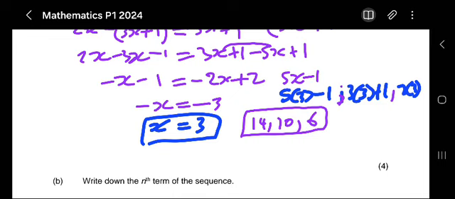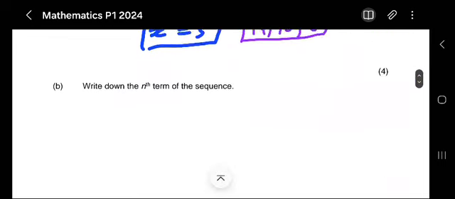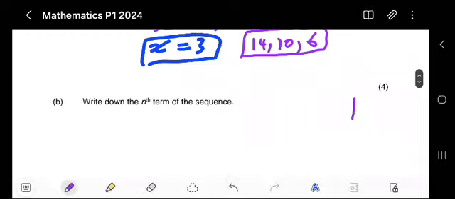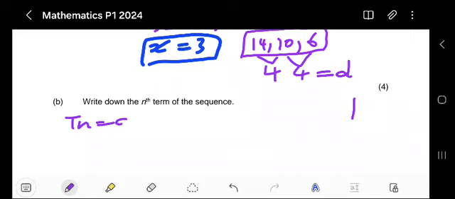So yeah, this is the sequence we have. Then they say write the general term, so we can find the common difference. 14 minus 10 will be 4. This is our d. So we know Tn is equal to a plus n minus 1 multiplied by the common difference.